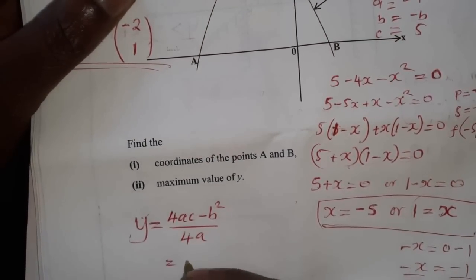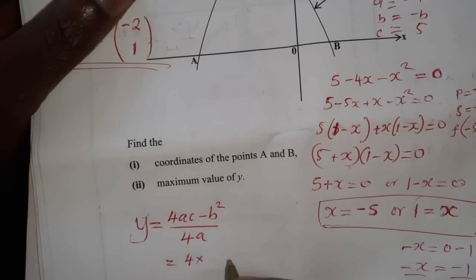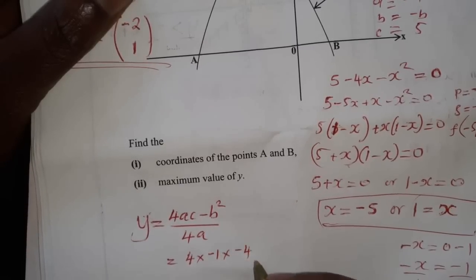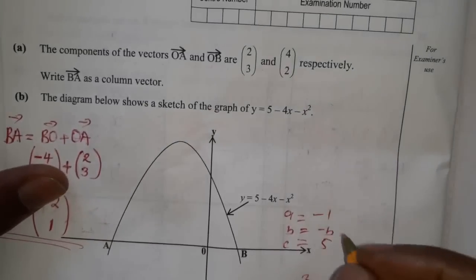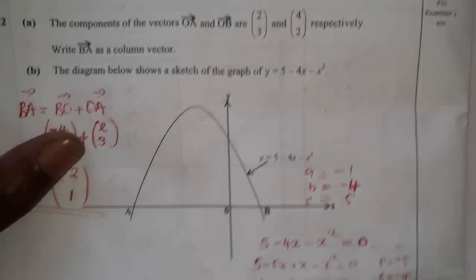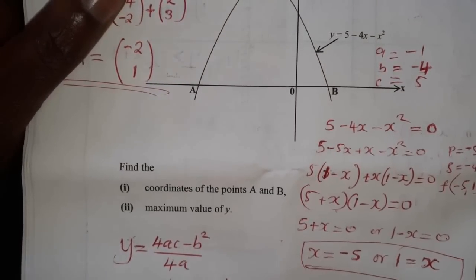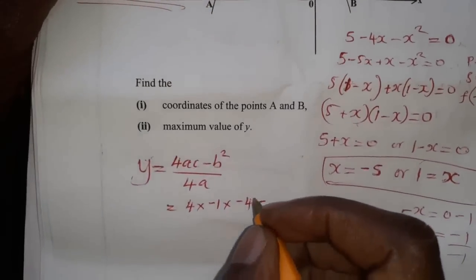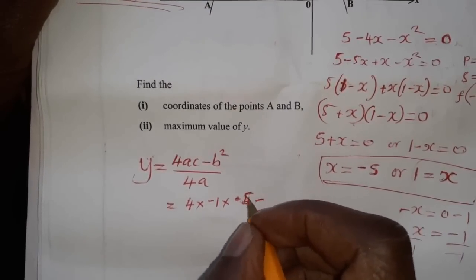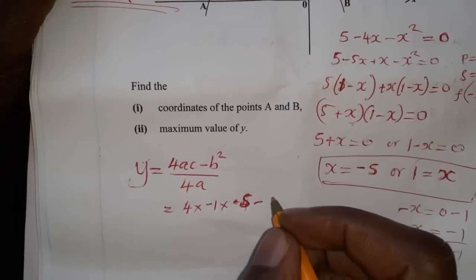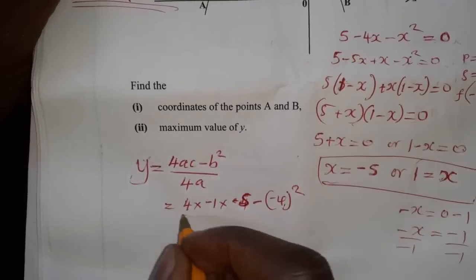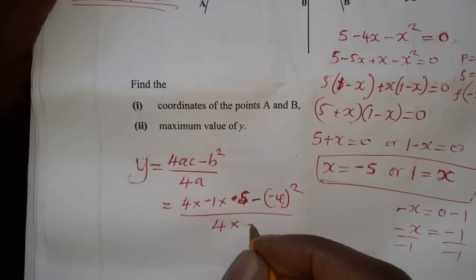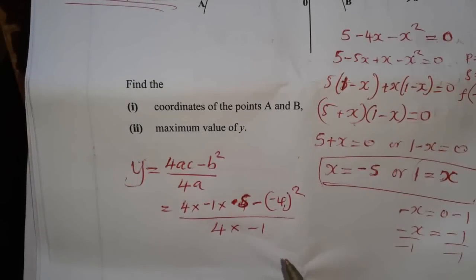So we have 4 multiplied by a, which is -1, multiplied by c, which is 5, minus -4 squared, over 4 multiplied by -1. Okay.